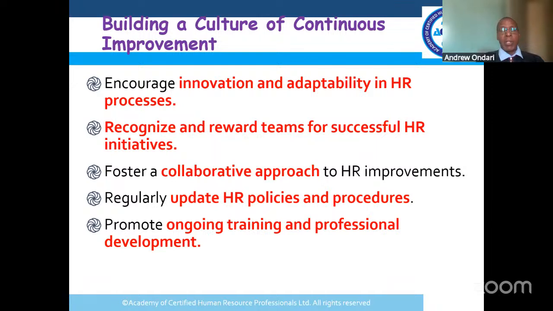Again, let me caution that you don't increase people's salaries because of an innovation or because of a practice, because that will mean that everybody should have his or her salaries increased, especially in a team environment. Another way of building a culture of continuous improvement is collaboration across various teams and departments.